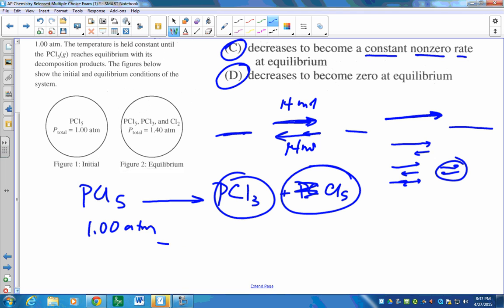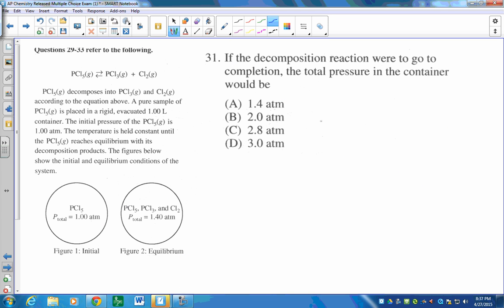After a couple minutes, this is slowing down a little bit and this is speeding up a little bit. You're still not at equilibrium because they're not the same. Couple minutes, days, whatever the time is, this is slowing down, this is speeding up, you're still not at equilibrium, and eventually you get to a point where those arrows are the same length, and that's when you're at equilibrium.